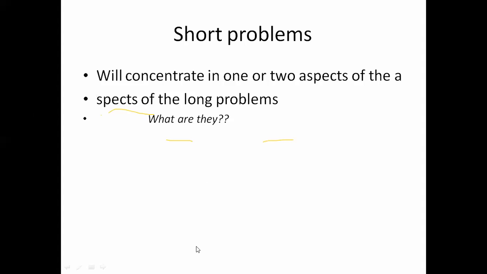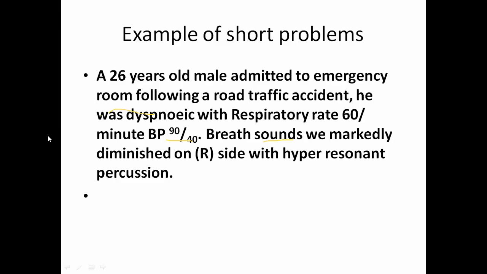In contradistinction, if we move to the short problem, we concentrate on one, two, or three aspects of the long problem. What are they? Come on, tell us the aspects. This is for you, answer quickly.